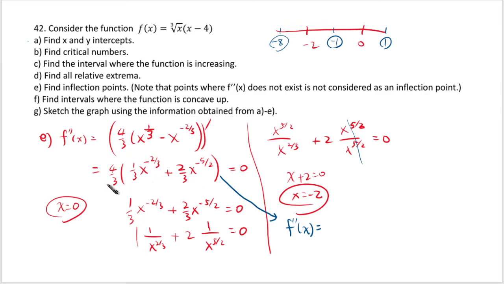So if you pull the 1/3 out, that's 4/9 of x to the negative 2/3 plus, oh, so this should have been 5/3. Interestingly, I did all the calculations correctly, even with this mistake. So you have x to the negative 2/3 plus 2 times x to the negative 5/3.